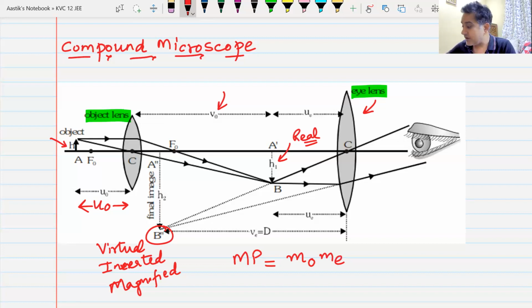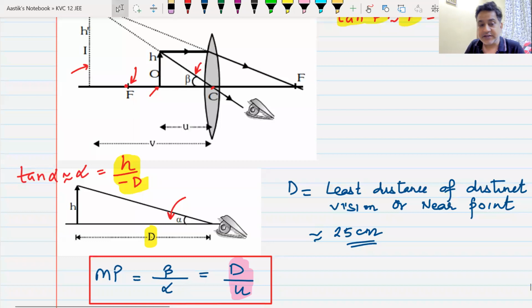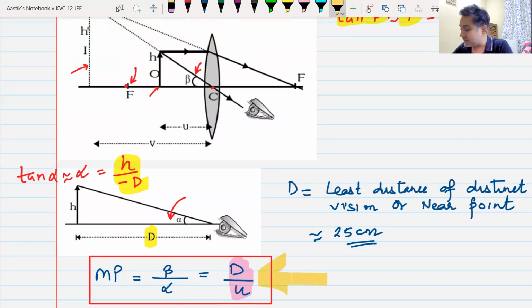Now, how do I get the magnifying power of this eyepiece? This magnifying power of the eyepiece is the same as the simple microscope that we had done. So this magnifying power is the same as D by U. Do we see this D by U, my dear friends? This eyepiece is the same eyepiece that is put here. So the magnifying power of this eyepiece is the same as the magnifying power of the original one.